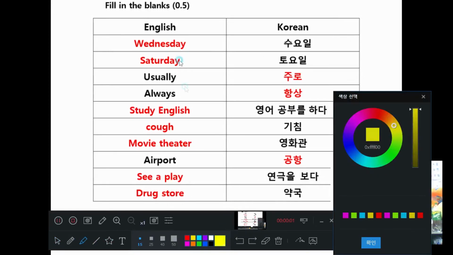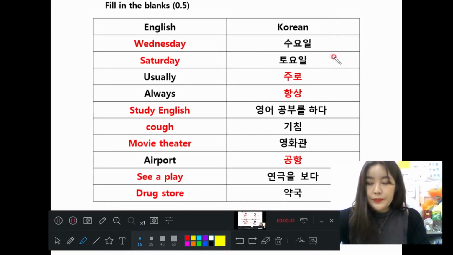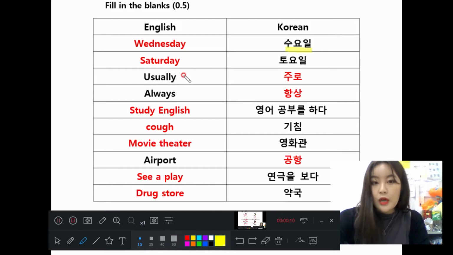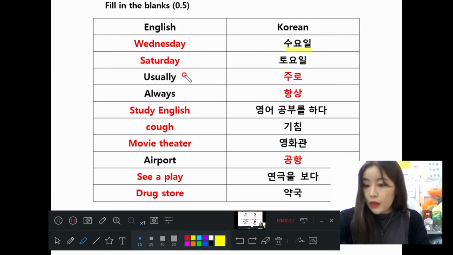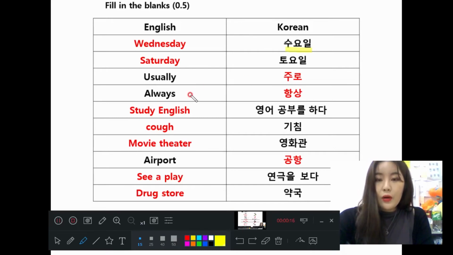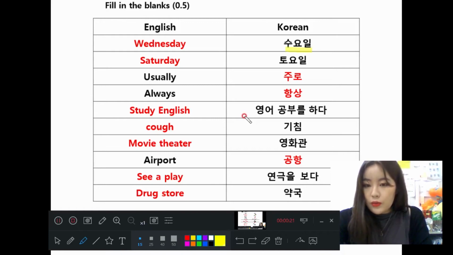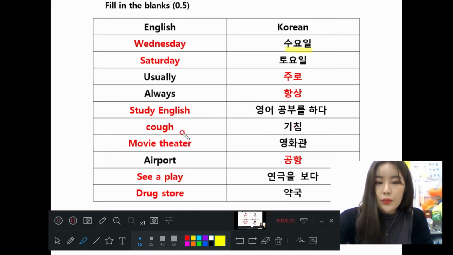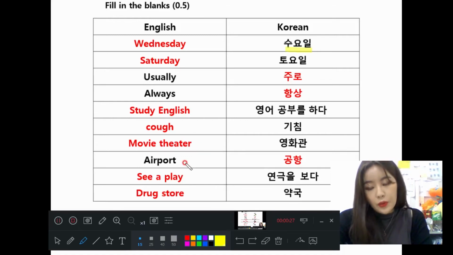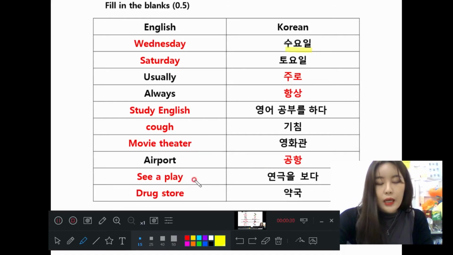Okay, guys. So the first one, 수요일 was given and the answer is Wednesday, 토요일, Saturday. Usually, the meaning of this word was 주로, 자주, right? And always is 항상. Study English, 영어 공부를 하다, and 기침 is going to be cough, and 영화관 is movie theater, and airport is 공항, and see a play is 연극을 보다.